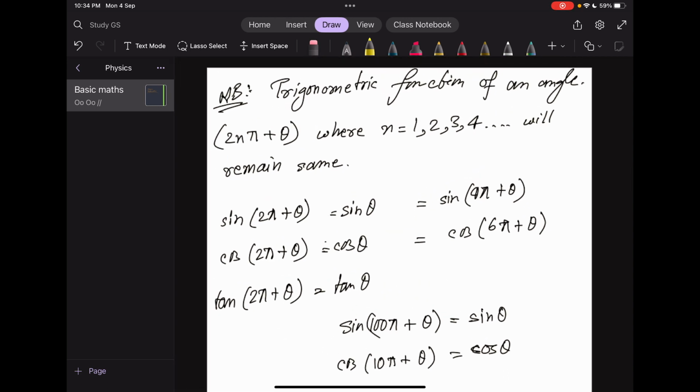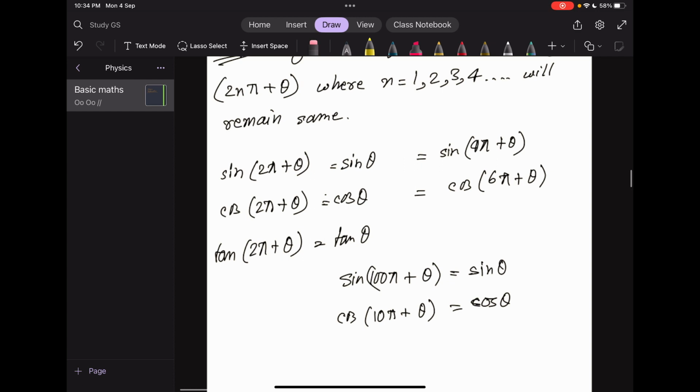And at last, the trigonometric function of an angle 2n pi plus theta, where n is 1, 2, 3, 4 up to infinity, will remain the same. That means sine of 2 pi plus theta is sine theta, equal to sine of 4 pi plus theta, and so on. Similarly, cos of 2 pi plus theta is equal to cos theta. It also equals cos of 6 pi plus theta.